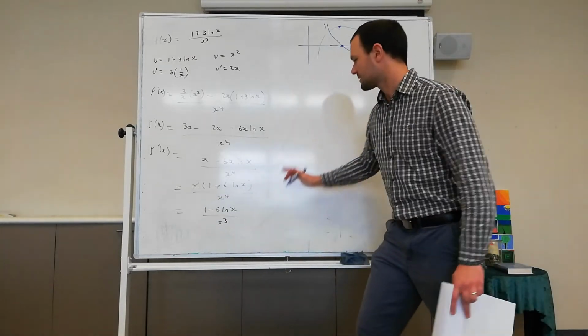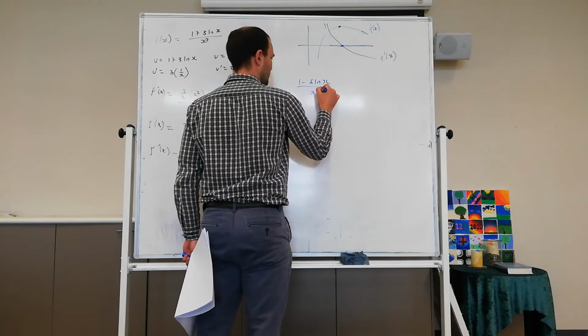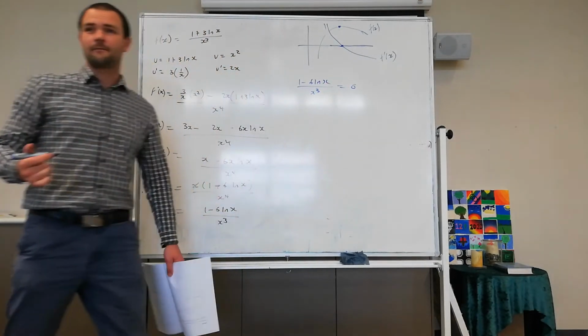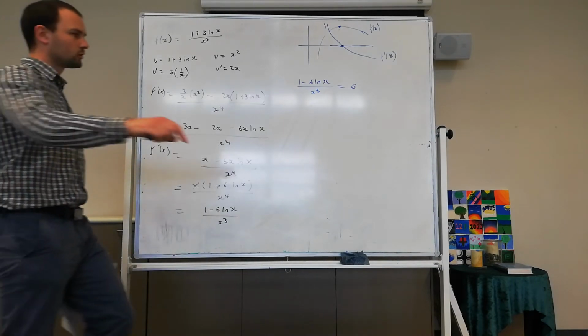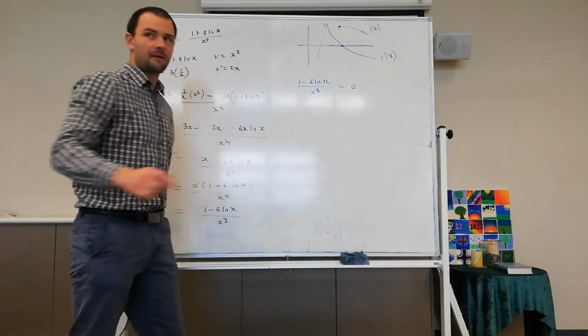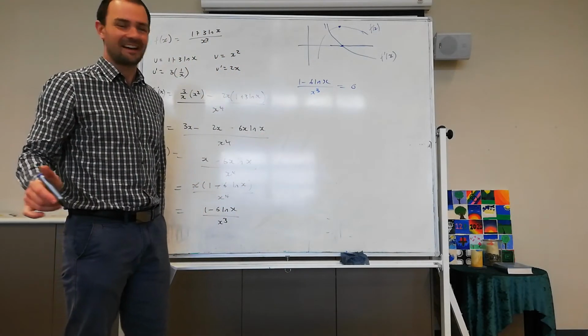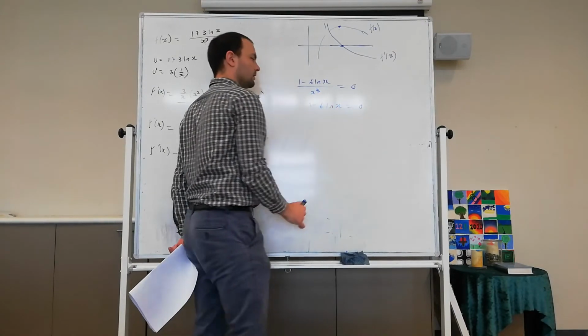So we've got 1 take 6 ln x on x to the 3 equals 0. Now when we have a rational function equals 0, we ignore the denominator. Roots occur when the top is 0. When the bottom is 0, we have an asymptote. Very good. So this is what we're investigating.